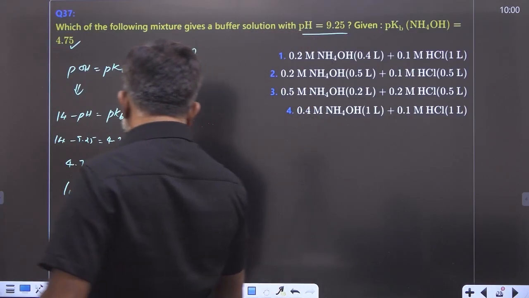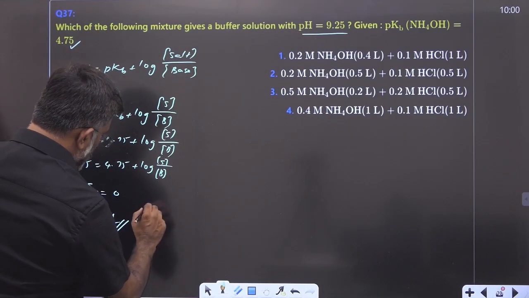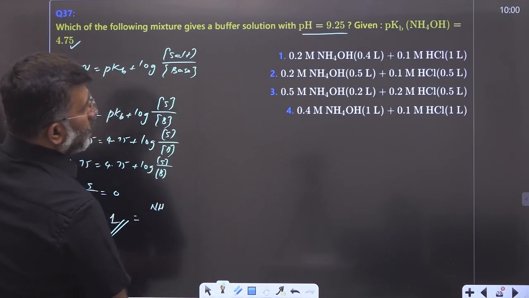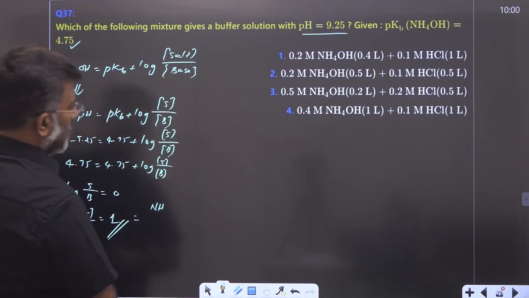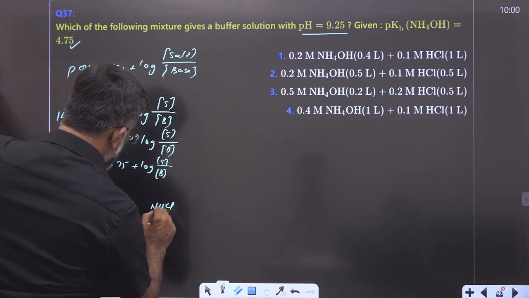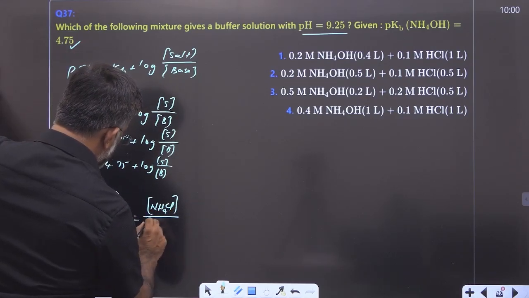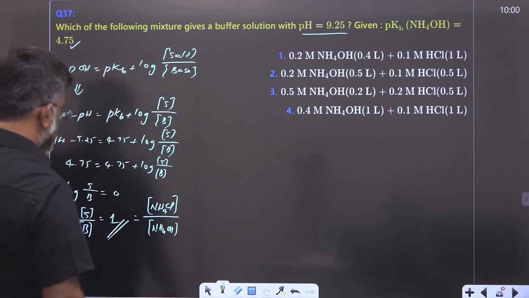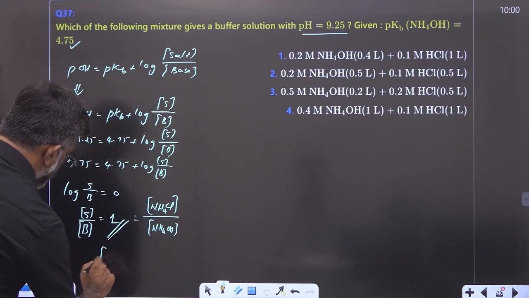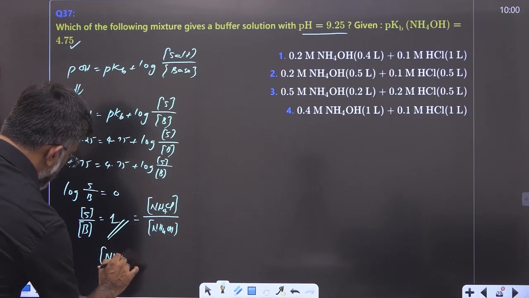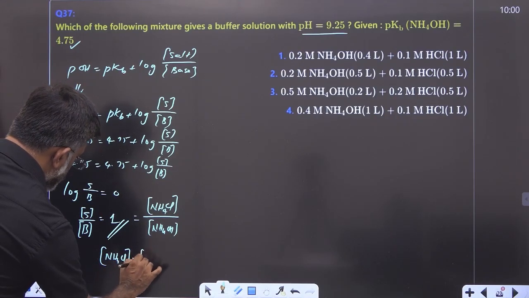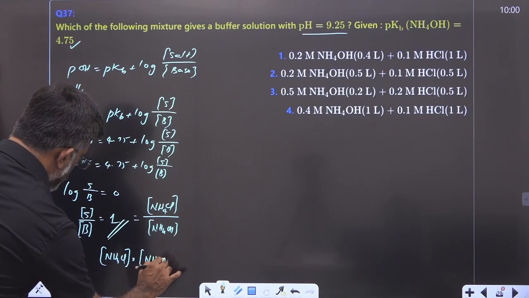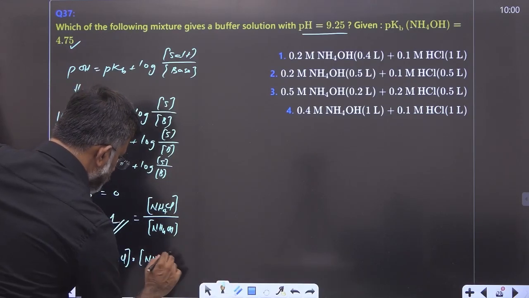So the point is, here the salt is ammonium chloride, from ammonium hydroxide with HCl. So ammonium chloride concentration by ammonium hydroxide concentration equal to 1. That means ammonium chloride concentration equal to ammonium hydroxide concentration.